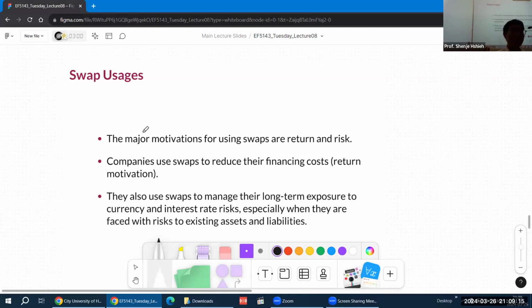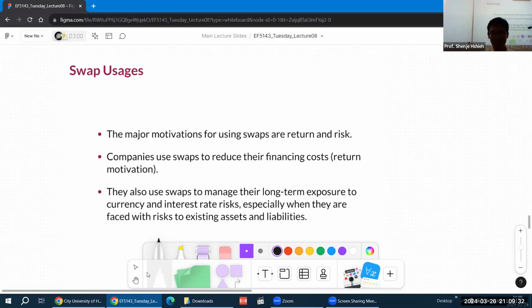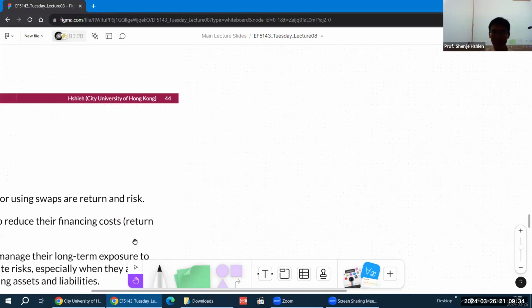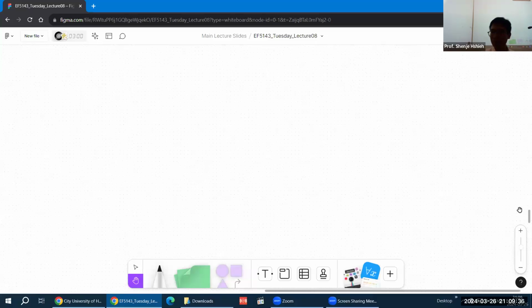And swaps are a good demonstration that with risk sharing, everybody is better off, because with financial innovation, with sophisticated financial contracts, you can distribute risks to those who can tolerate them best. So let me show you an example of that risk sharing using swaps.